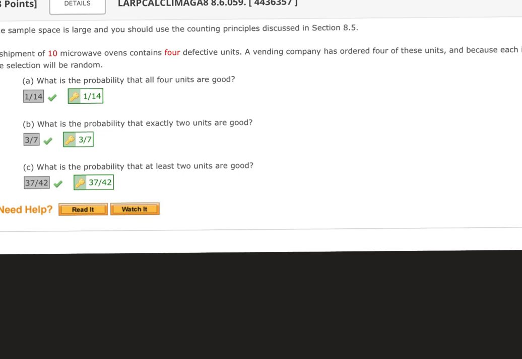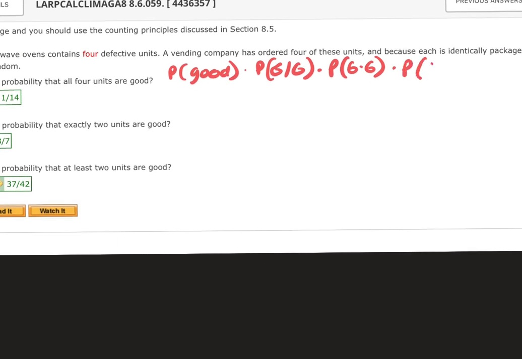Like, are they taking a unit off the truck and putting it back? No. So it's off the truck, which means what's left in my sample space has been altered. Does that make sense? Which means it's dependent. So the very first time, I'm saying, what's the probability that it's good? Times the probability that it's good, given the first one was already good. What's the probability that it's good, given that another good one was already taken? And then the last one, good, given another good one was already taken.